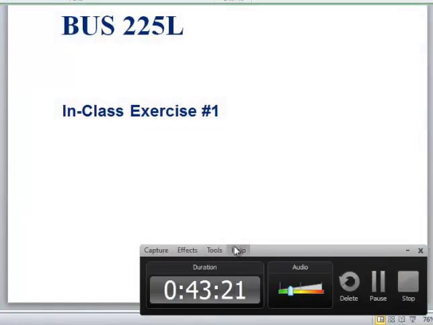So we're going to do in-class exercise 1 now. And I am going to stop the video, or actually just pause it so we can go through the answer together. So work as a group and go through in-class exercise 1. And this is a pretty basic provision. Let me make sure I'm looking at the right one here.